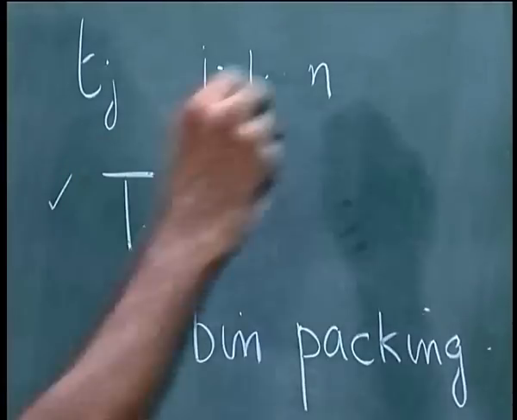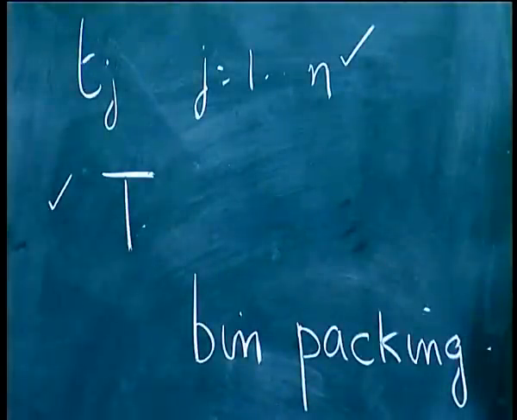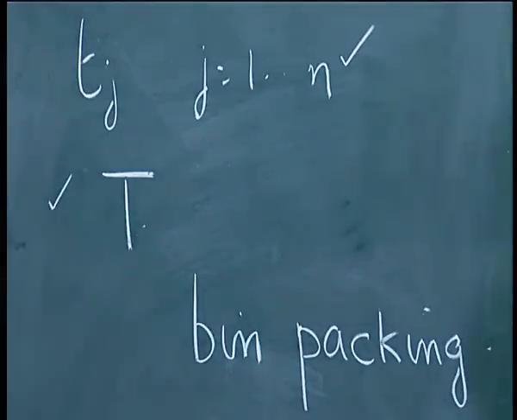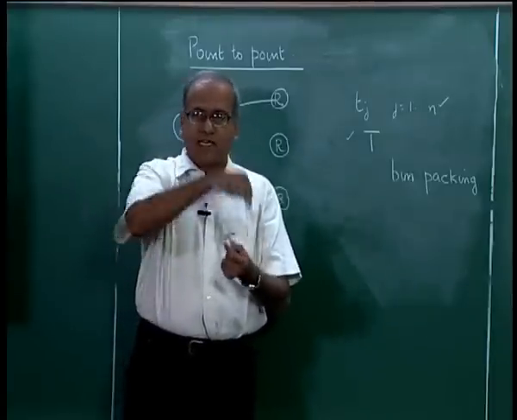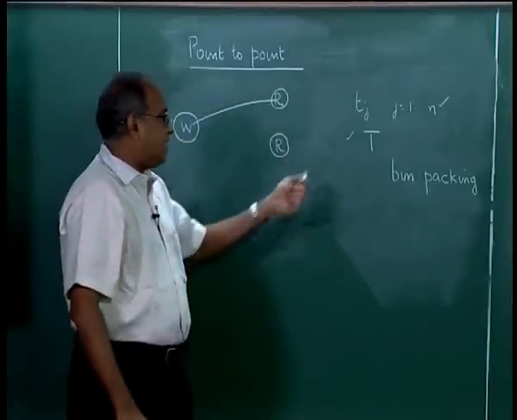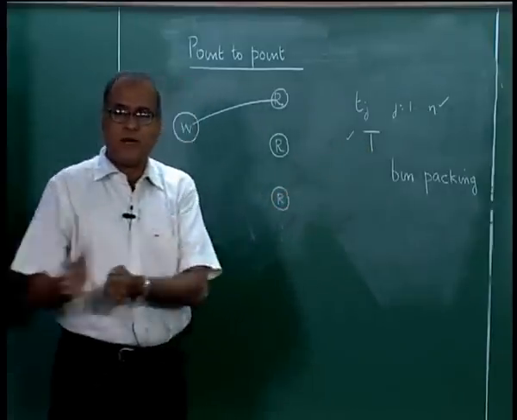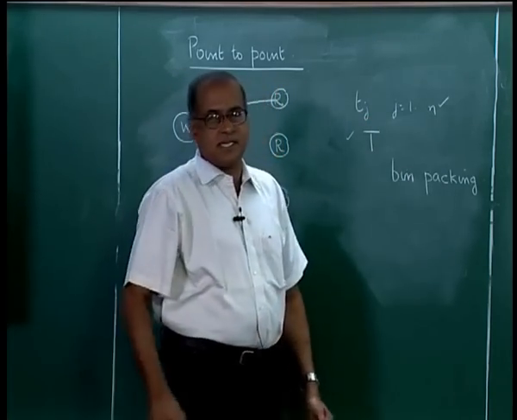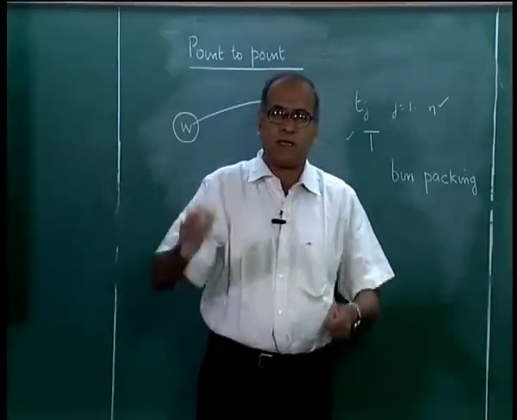I have n items, each item has a height, the jth item has a height tj. So, I have to put these items one above the other, it is a one dimensional bin, such that I do not exhaust the height of the bin. How many bins do I need so that I can pack all these n items, where the jth item has tj, is a one dimensional bin packing problem.